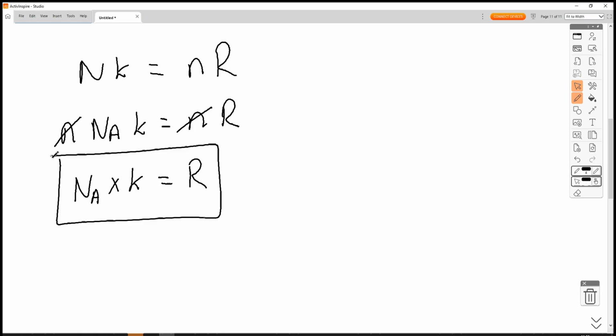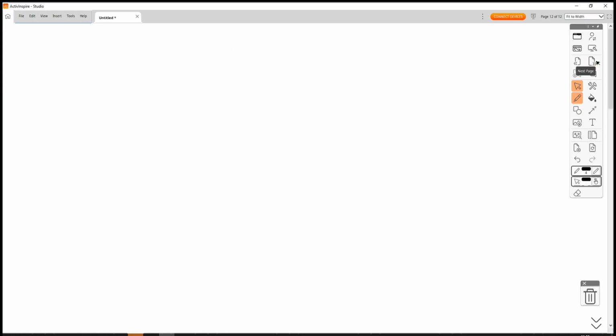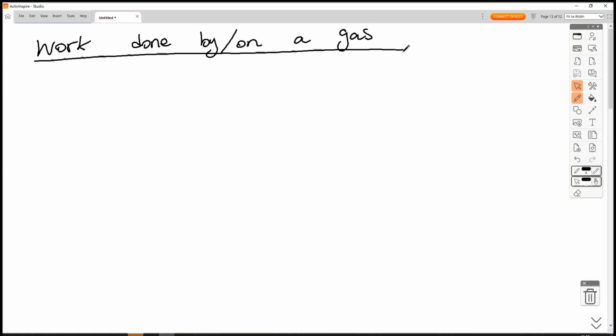And then getting towards the end, we'll now look at the work done by or on a gas. So let's think about this for a moment.